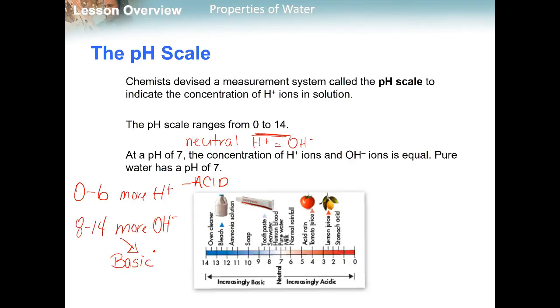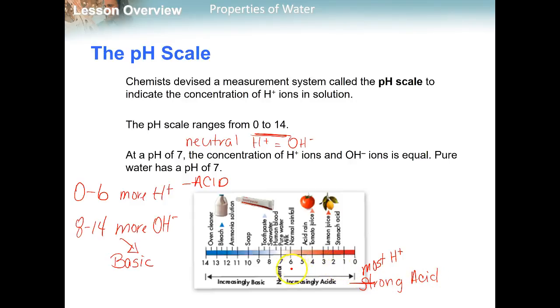Now, let's take a look at the scale. And we're going to start over here. When we're at 0, we have the most amount of hydrogen ions. Okay? That's the most amount. So anything at 0, that's going to be a really strong acid because it has the most.